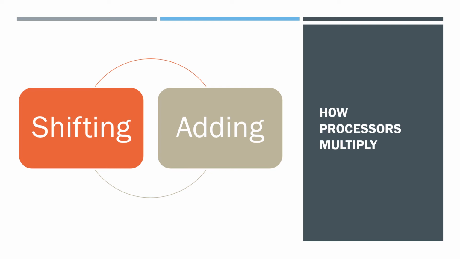Other processors only have circuits that do addition, and in that case they just add the number up lots and lots of times, and they have a little counter that counts how many times they've added it. And so to multiply 2 by 5, they'll just add 2 to itself 5 times. Different processors are designed in different ways, and partly it's whether they're trying to make the processor as small as possible so that it has as few different circuits as they can get away with.